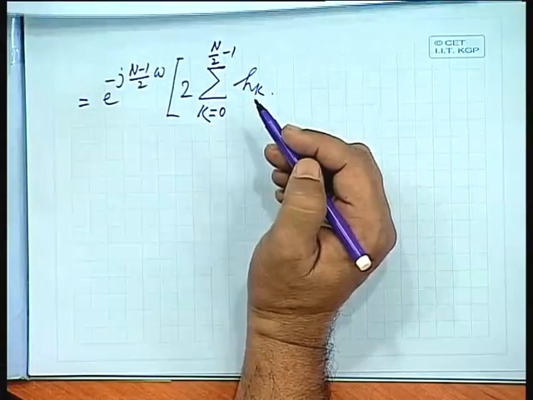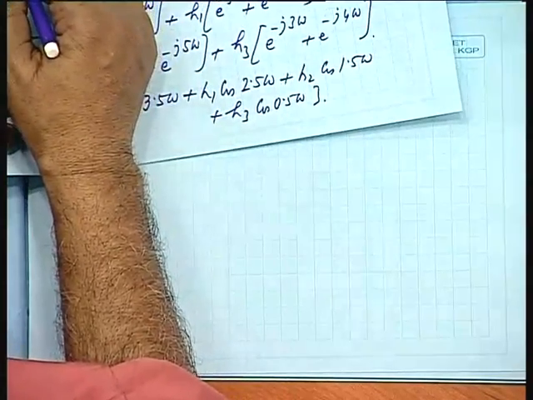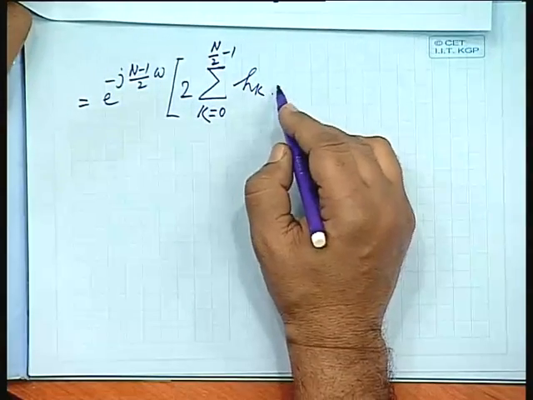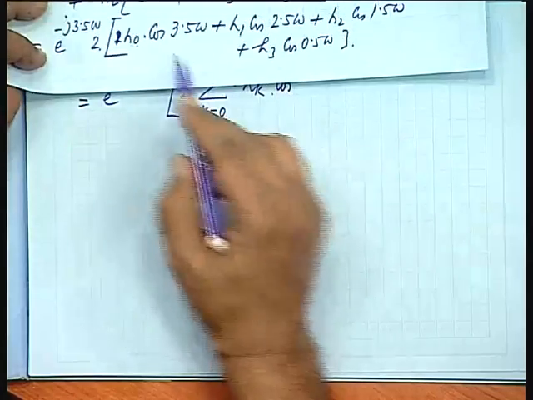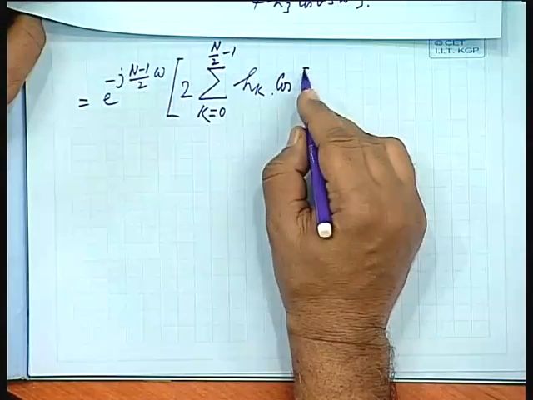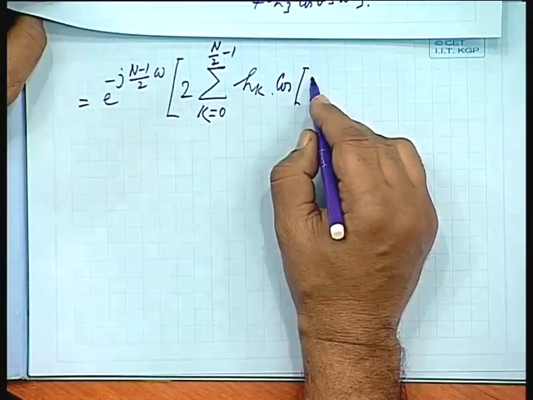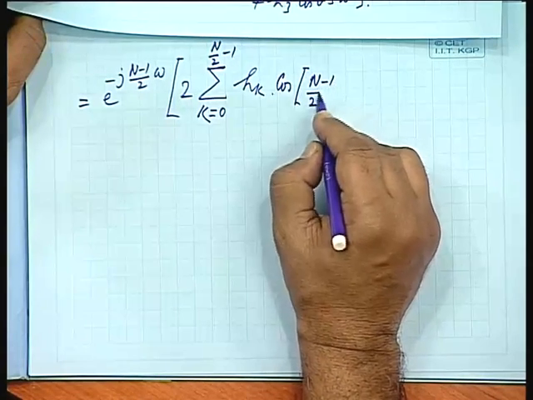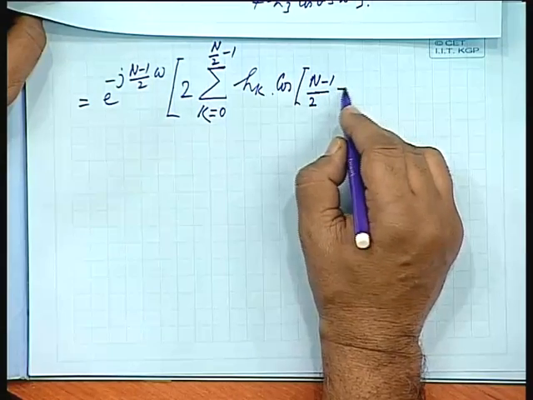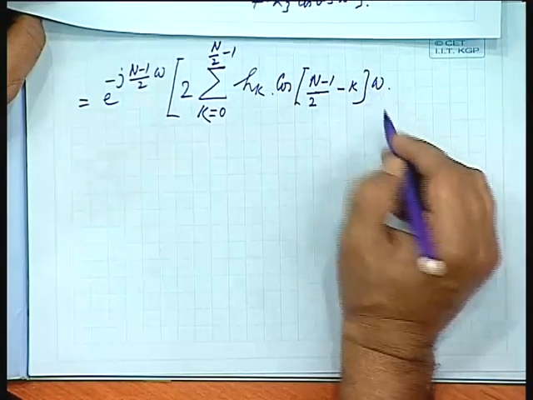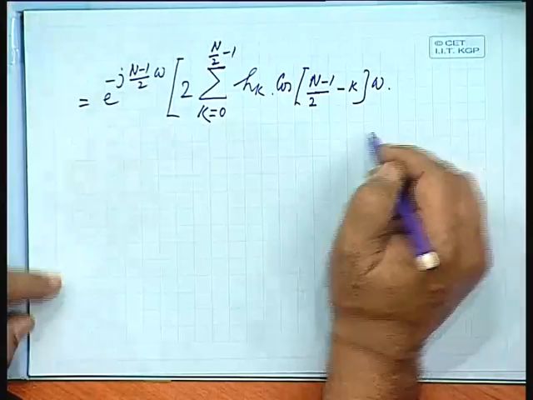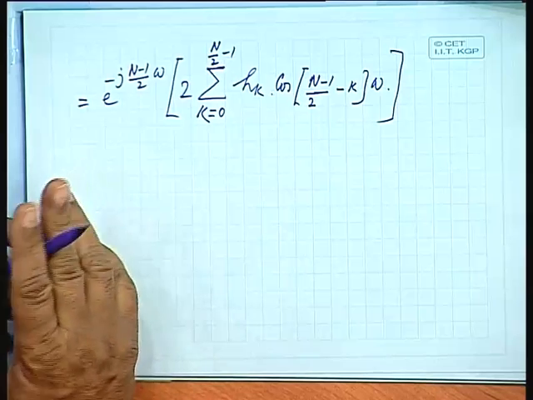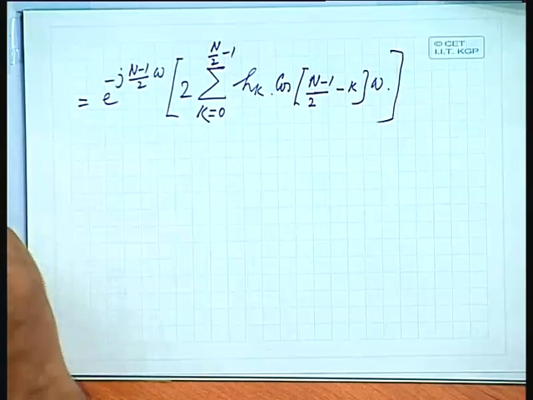Is that all right? N by 2 is 4, minus 1 is 3. So, this is for n even.